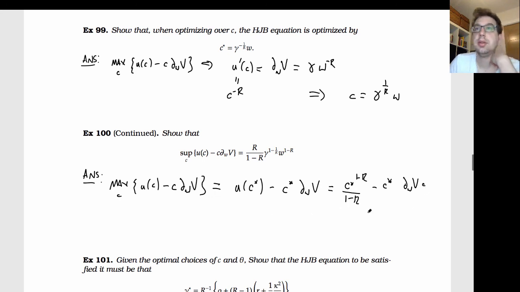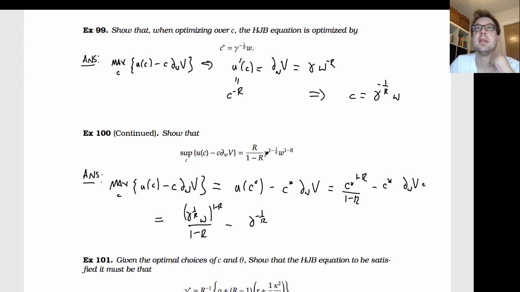Okay, so I'm going to get out of all of these expressions. From this part, I'm going to get gamma to the 1 minus r, w to the 1 minus r, divided by 1 minus r, and I'm going to minus off c, which is equal to gamma to the minus 1 minus r.